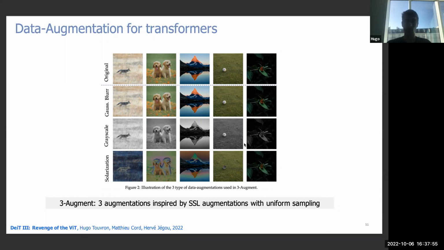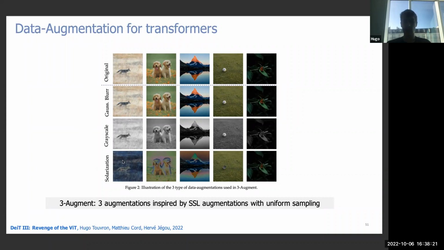So we try to revisit the data augmentation. And with transformers, if you look at the results of transformers with self-supervised approaches, generally they are quite good. So we try to reuse data augmentation closer to the data augmentation used in self-supervised learning. So we just try to use these three different data augmentations: Gaussian blur, grayscale, and solarization.